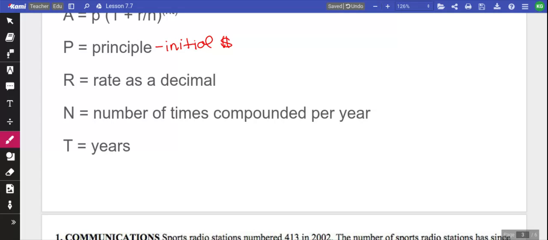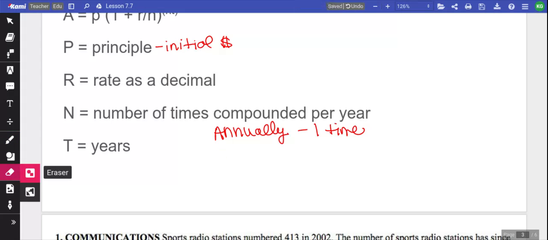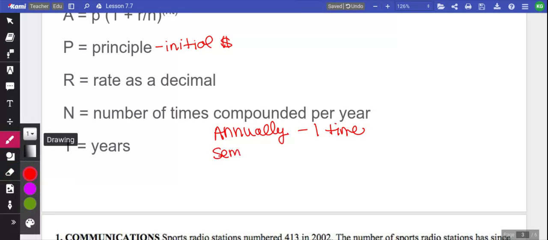N is the number of times compounded per year. And we have a couple pretty common ones we're going to do. If the problem says we're doing this annually, that's 1 time every year. Semi-annually is 2 times per year.